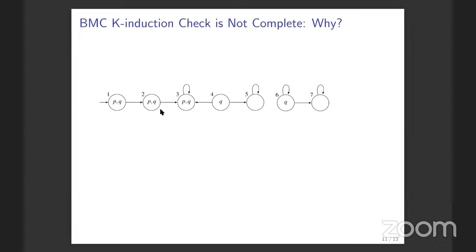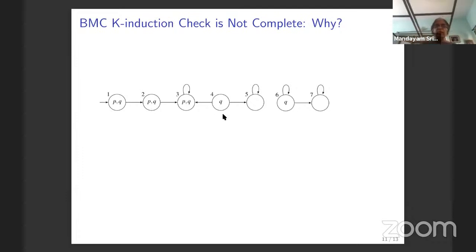For P, P is inductive, therefore you don't need that. Since Q is also an invariant, but it is too inductive, just doing the inductiveness check, you will not succeed because there is always state 6. The paths leading from state 6 always fail the inductiveness check.